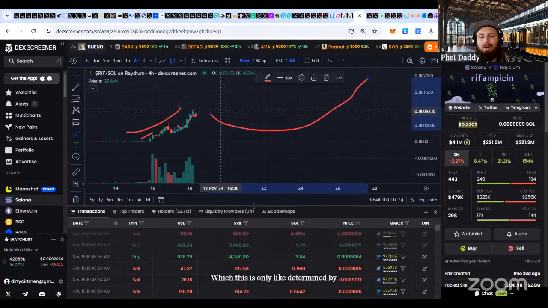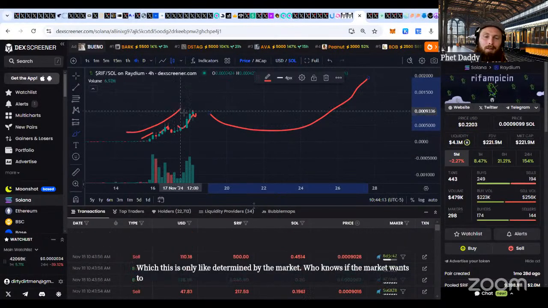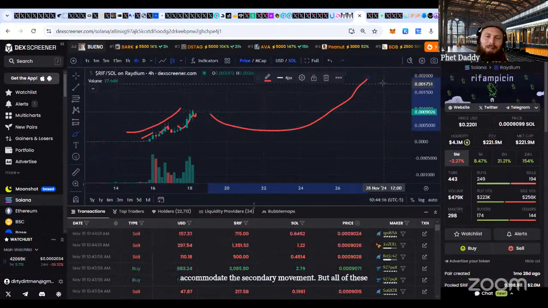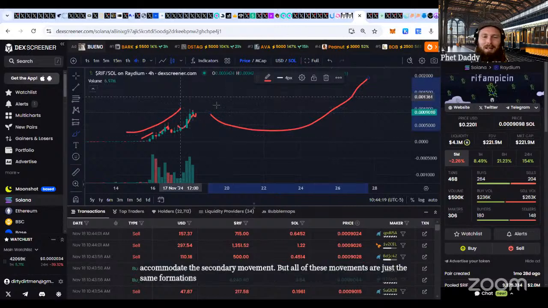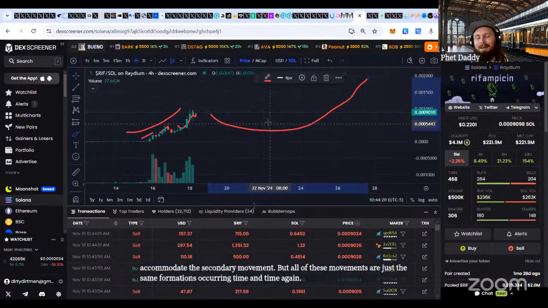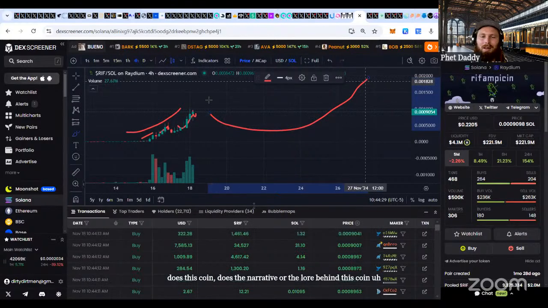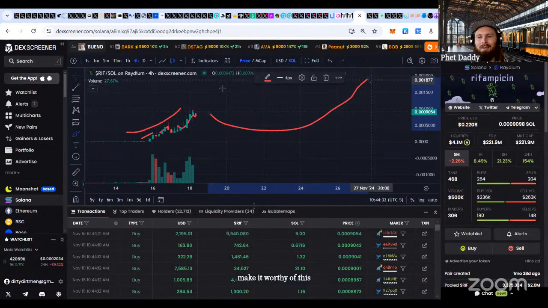Who knows if the market wants to accommodate this secondary movement? All of these movements are just the same formations occurring time and time again. Our job as traders is to predict, does the narrative or the lore behind this coin make it worthy of this new larger wave pattern, which would bring it to like a billion in market cap.